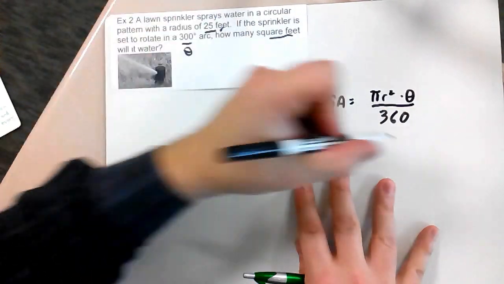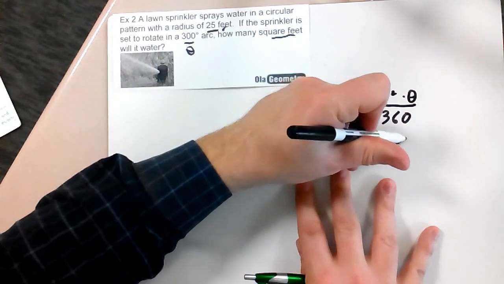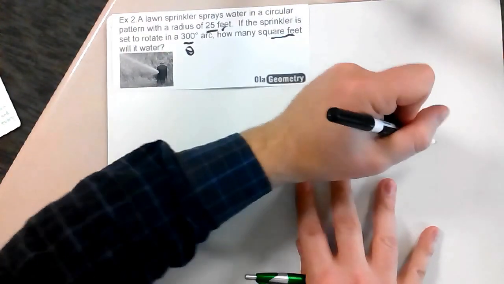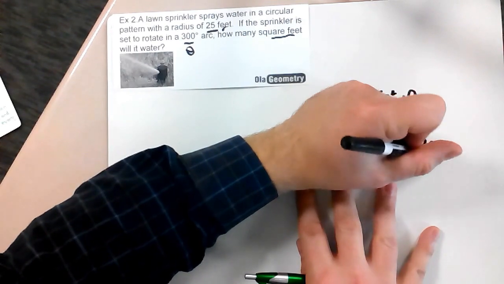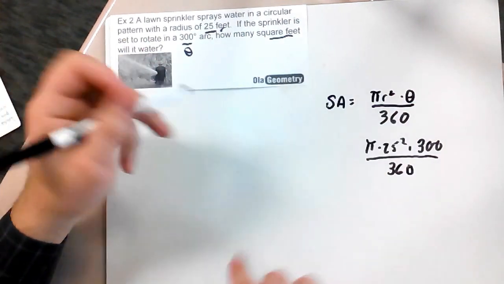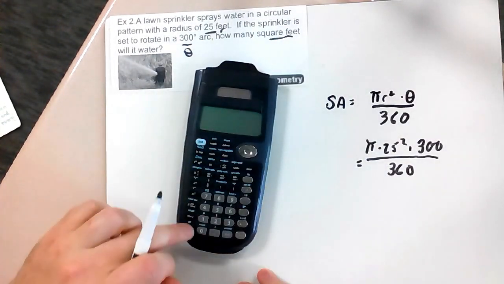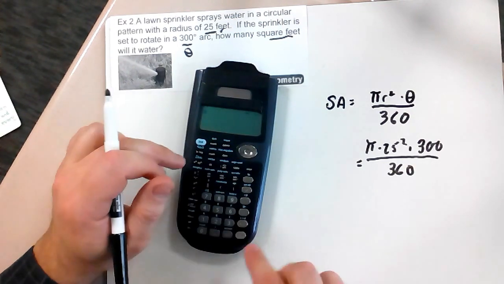The radius is 25, so I'm going to have pi times 25 squared times 300 over 360. Now, usually I'm all about solving this stuff by hand, but in this case, if you have one of these calculators, you can work it right out.